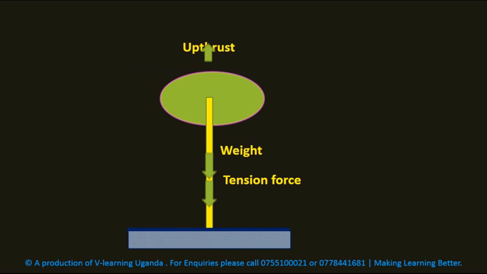Up thrust under equilibrium should balance the weight and the tension in the string, and we shall use that fact to get our answer, because they require us to get the tension in the string. So the tension plus the weight of the balloon is equal to the up thrust, because we are assuming equilibrium.